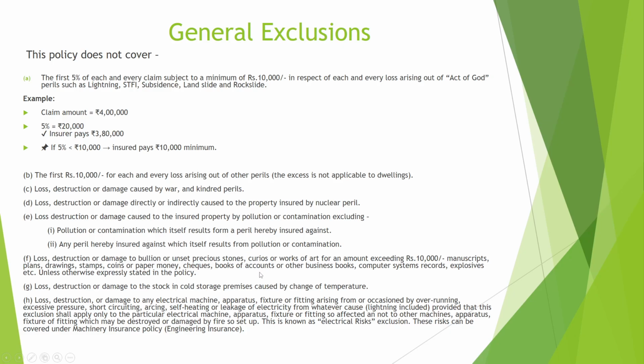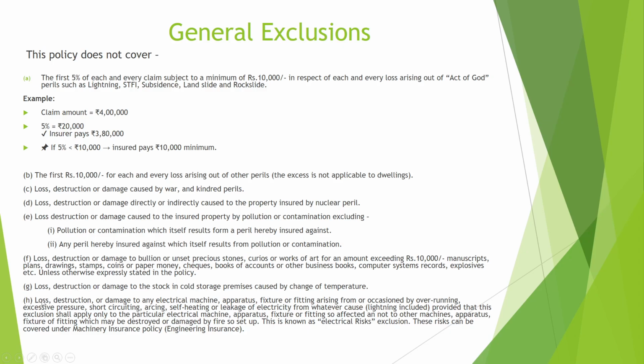You cannot take insurance for drawings, stamps, coins or paper money, cheques, books of accounts or other business books, computer system records, explosives, etc., unless otherwise expressly stated. If it is not written in the policy, you cannot take a policy for these things. Loss, destruction or damage to stock in cold storage premises caused by change in temperature: you cannot take insurance for any temperature change.